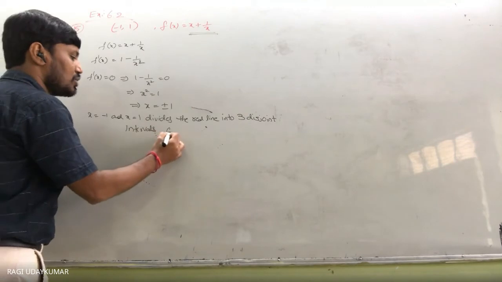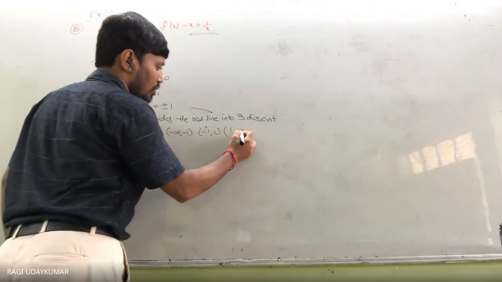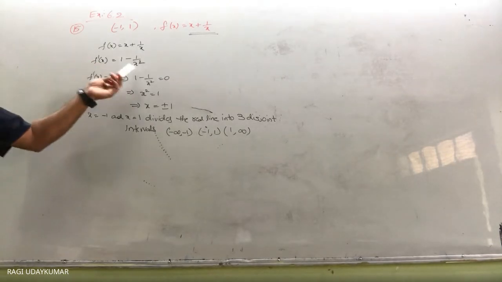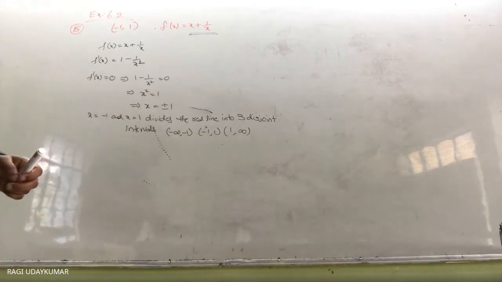So what are the 3 disjoint intervals? Minus infinity to minus 1, minus 1 to 1, 1 to infinity. In these 3 intervals, we now need to check this function; it is not a linear function, as we have checked previously using the wavy curve method.